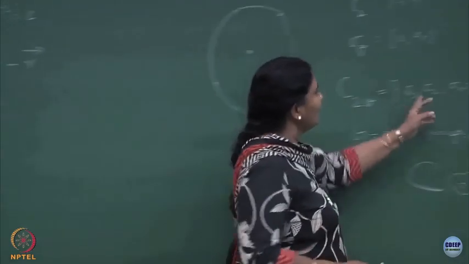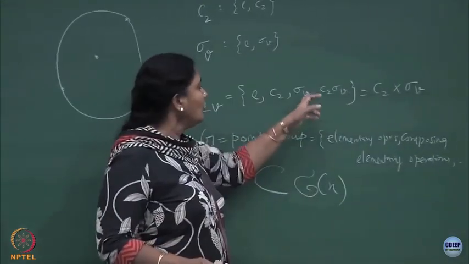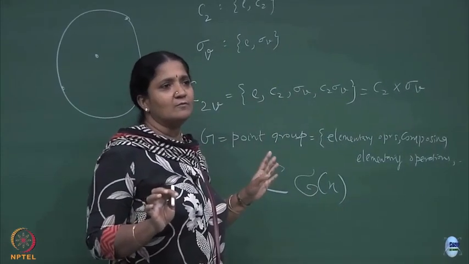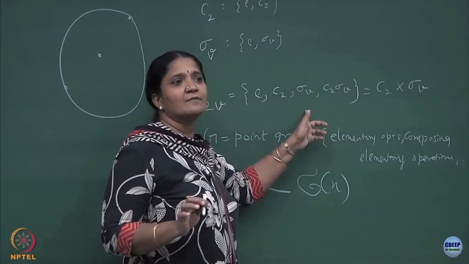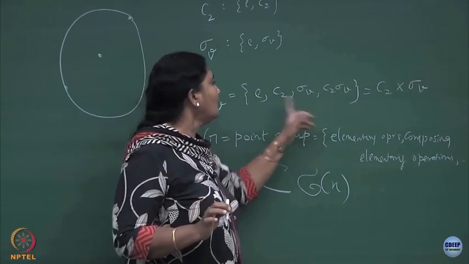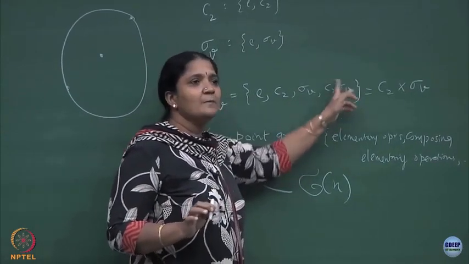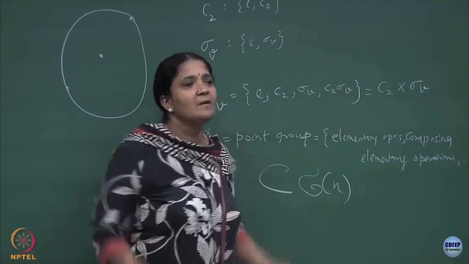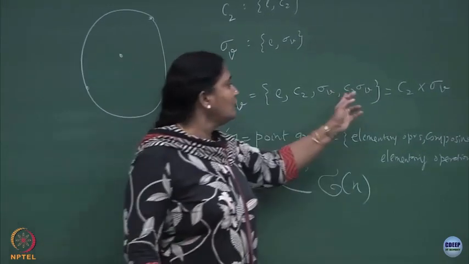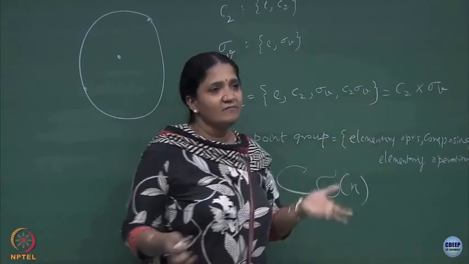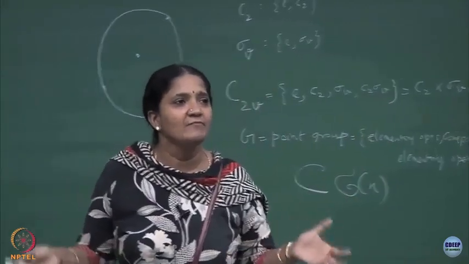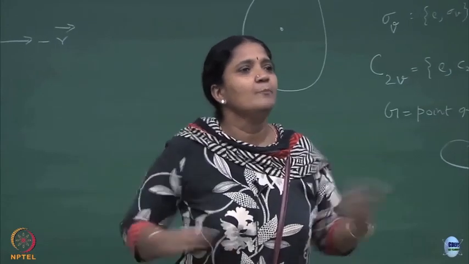If you do C2 and then C2 squared, you are not going to get sigma V at all. Sigma V is a distinct generator, and these two composed will give an element which you can call an improper transformation, because C2 is a proper rotation, sigma V is a reflection, and combining a reflection with a proper rotation is an improper transformation.